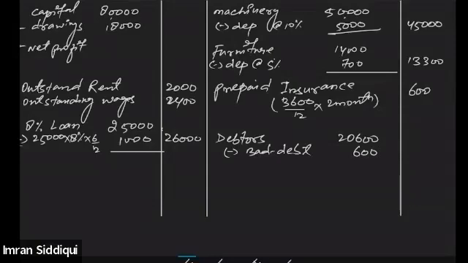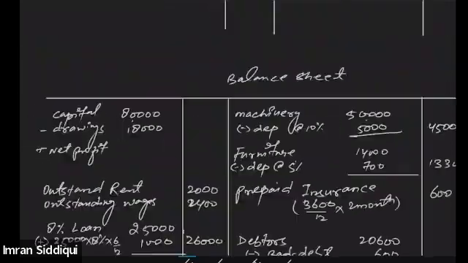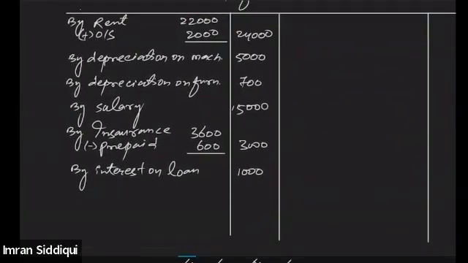And because bad debt we have taken from the adjustment, and as I told you, any adjustment that we pick up from the adjustment section, we need to record at two places. It affects at least two accounts. First of all, bad debt is subtracted from the debtor, and the same needs to be recorded in the profit and loss account as well. So by bad debt, 600. You understand that? Ratika, Vanisha, is that clear to both of you?